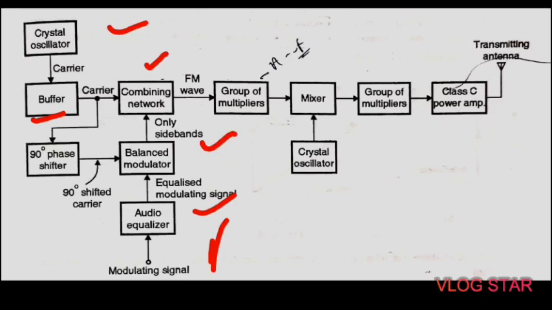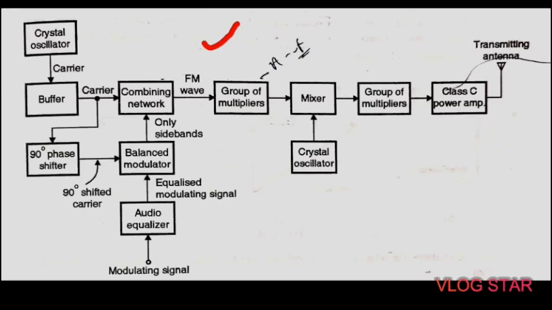Okay, then after that the unmodulated carrier and 90-degree shifted sidebands are added in this combining network. Then as discussed earlier, at the output of this combining network we get an FM wave, and this FM wave has a low carrier frequency, that is Fc, and a low value of the modulation index, that is MF.